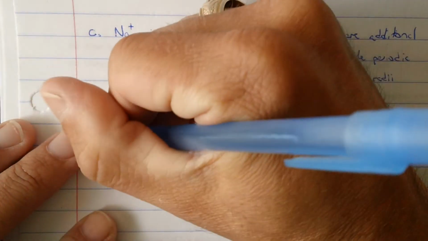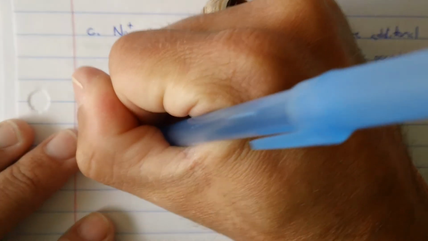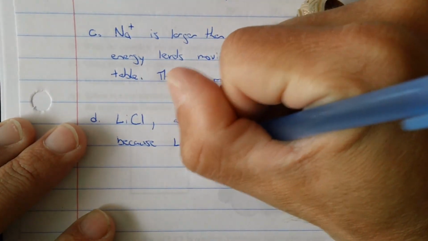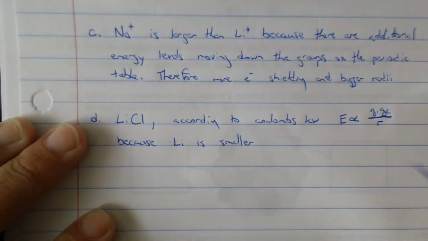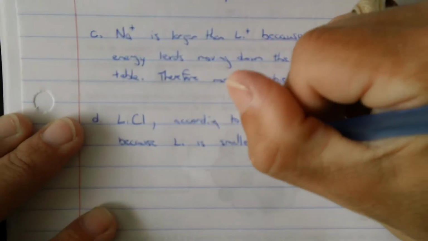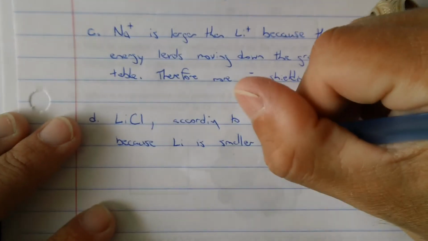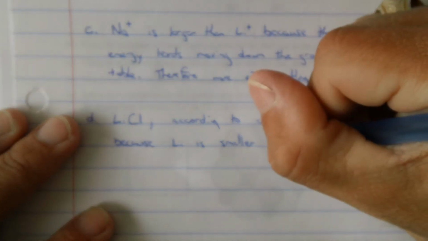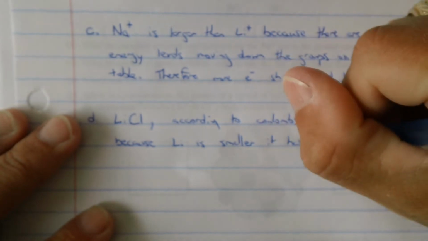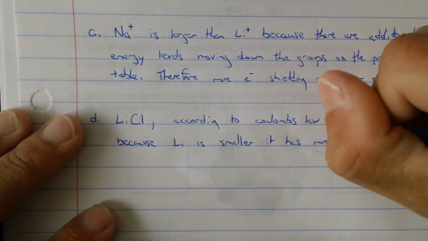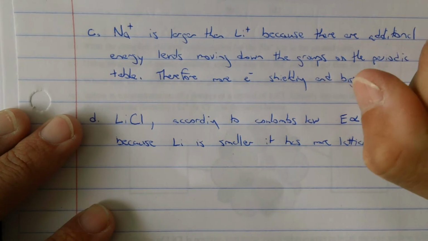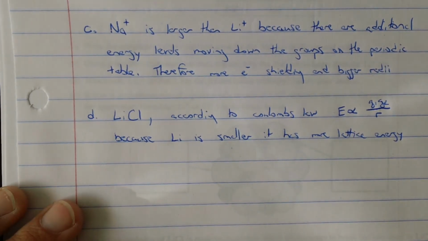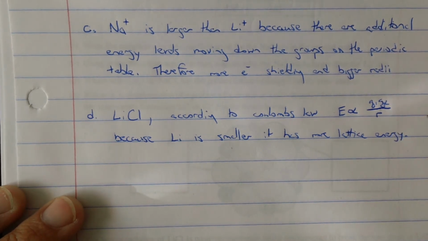And so because lithium is smaller, it has more lattice energy.